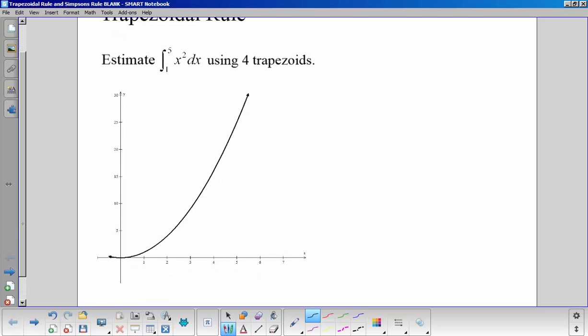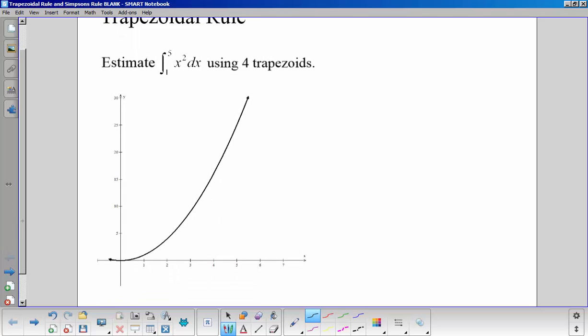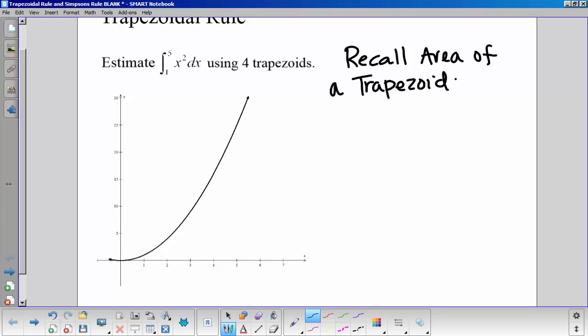So instead of adding up rectangles, we're going to add up trapezoidal areas. So we have to remember what the formula is for the area of a trapezoid. Area equals 1/2 the sum of the bases times the height. If we draw a trapezoid in calculus, our trapezoids are on their sides.